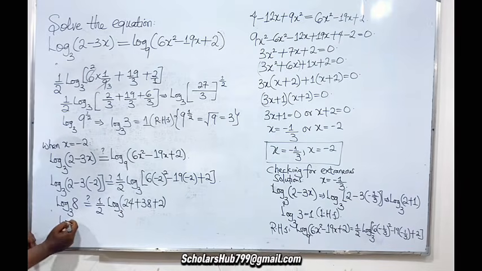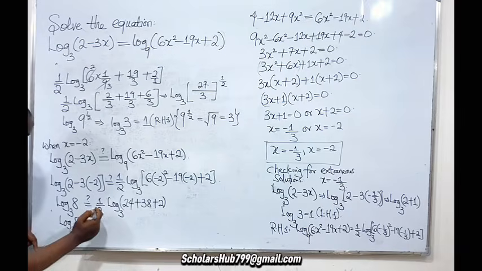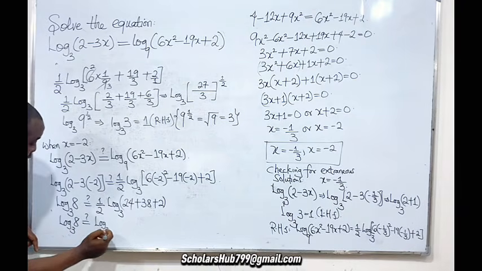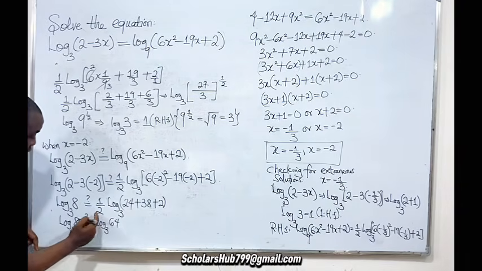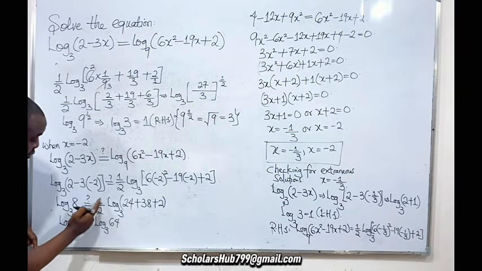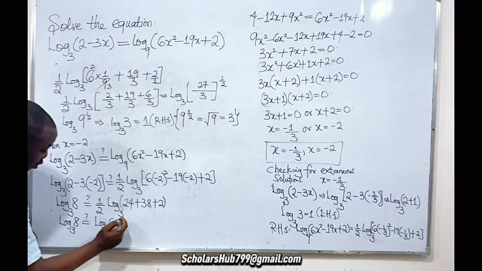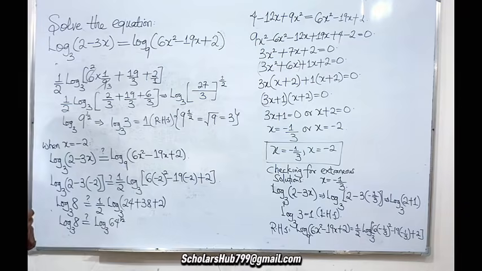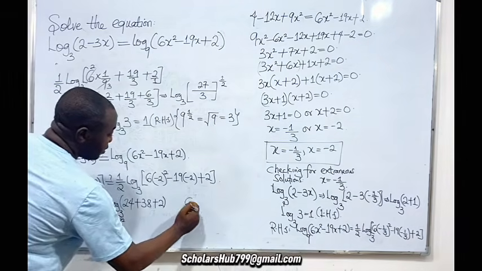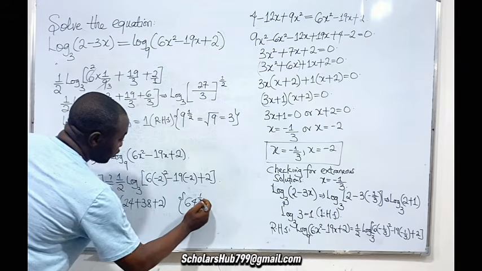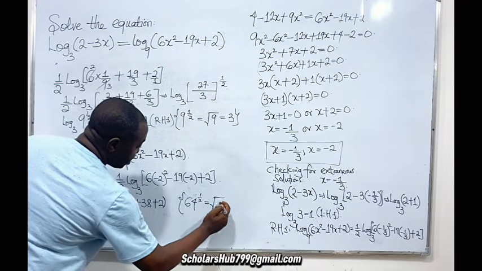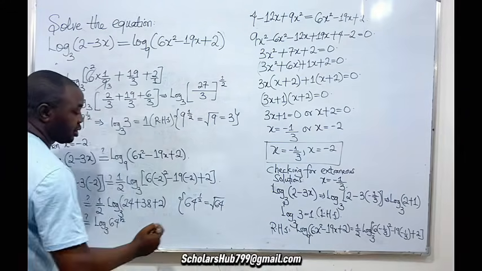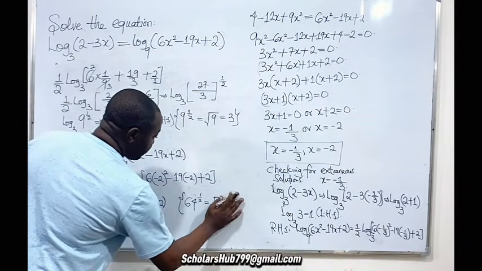So we still have log to base 3 of 8 on the left-hand side, and this will be log to base 3 of 64. Then this multiplier will come here to become 1/2, the power of the argument. Now 64 raised to the power of 1/2 is the same thing as the square root of 64, and that's 8.